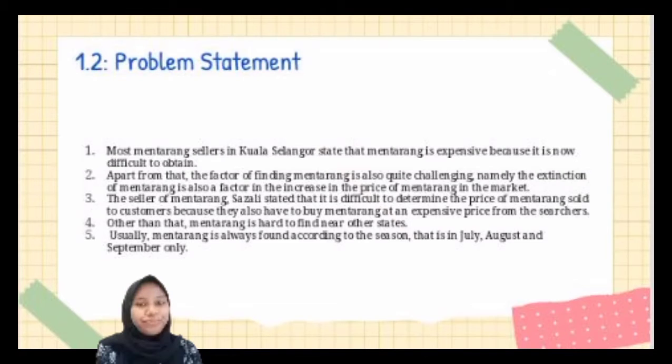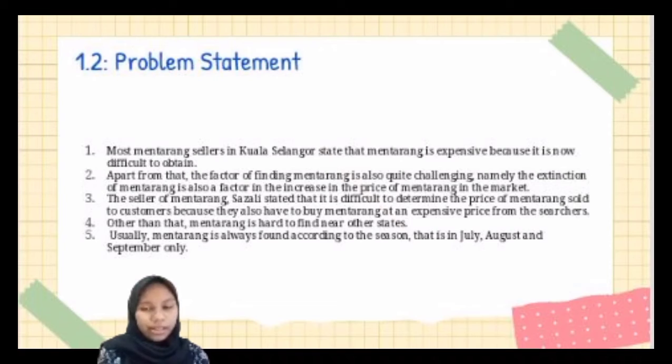Next, the sellers of mentarang state that it is difficult to determine the price of mentarang sold to customers because they also have to buy mentarang at an expensive price from the searchers.